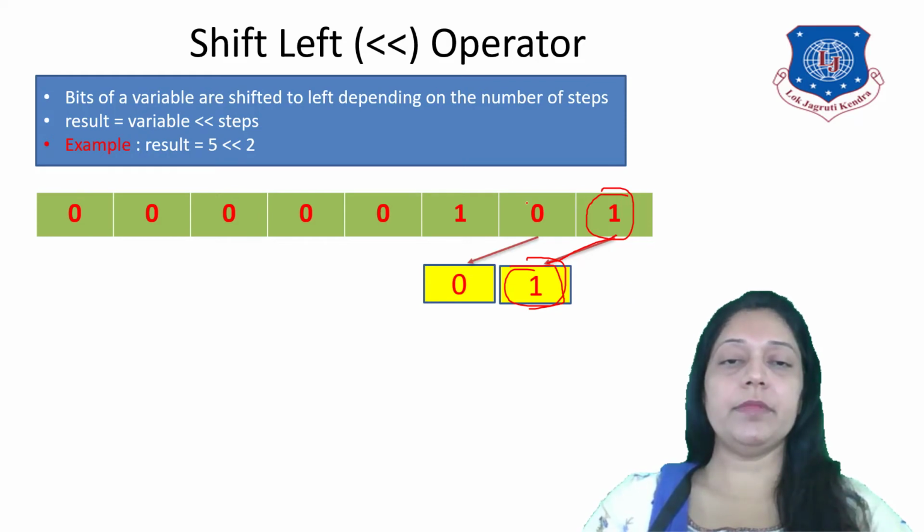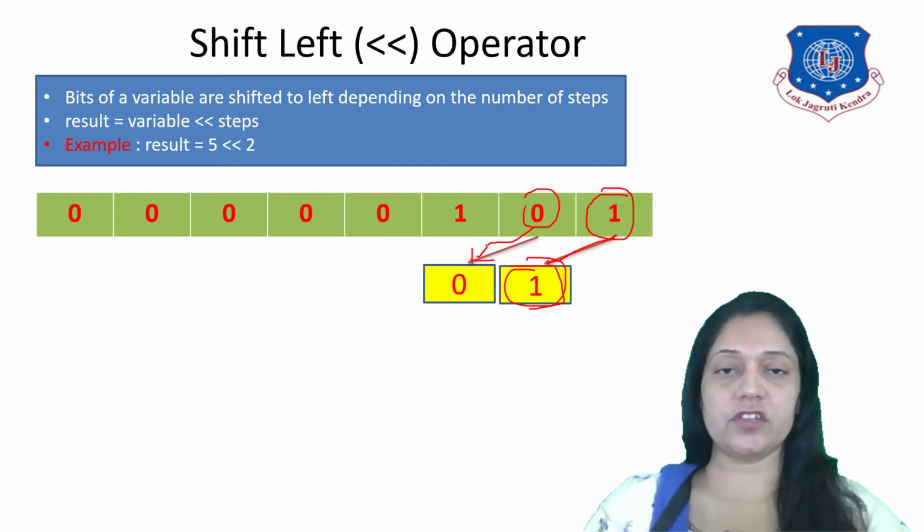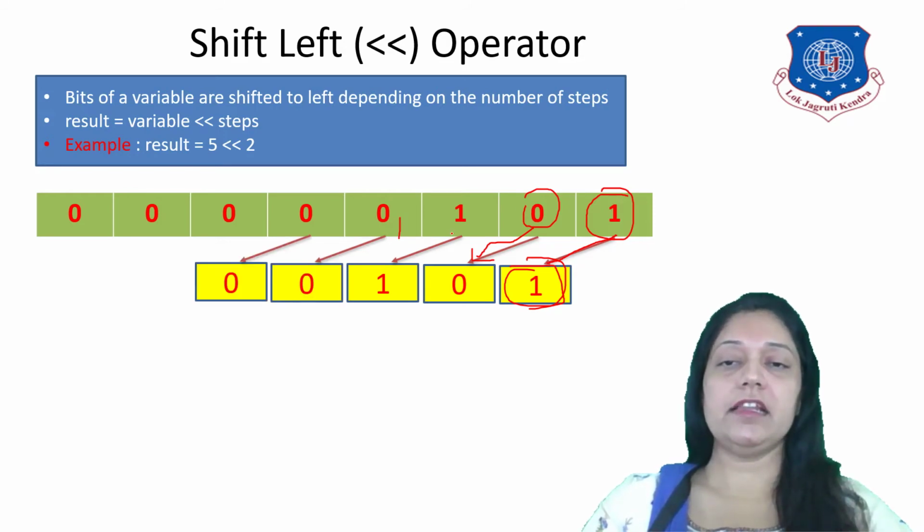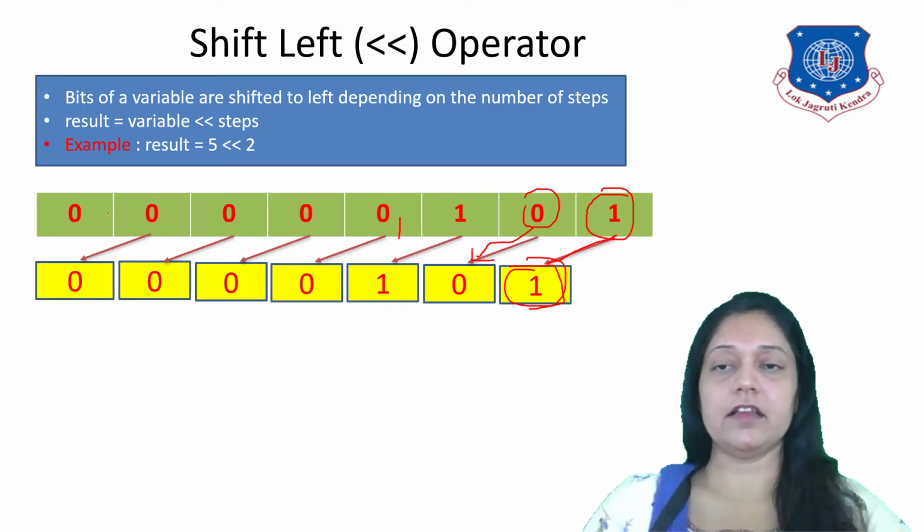Similarly, the second bit, 0, is shifted left, means it comes to the third position, and so on. The third bit, 1, comes to the fourth position. This is the fourth position, 1, 2, 3, and 4. Similarly, the rest of the bits are shifted.